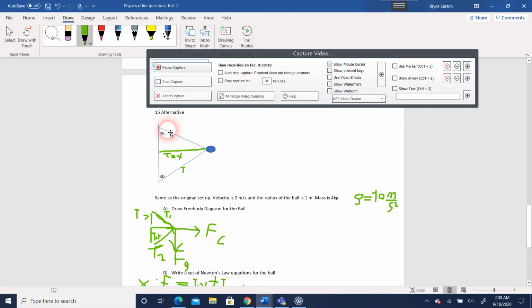It is indeed going down, pulling it back this way, whereas this tension is pushing it up this way.